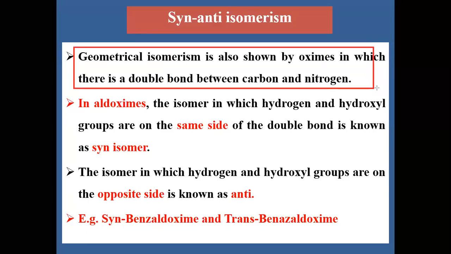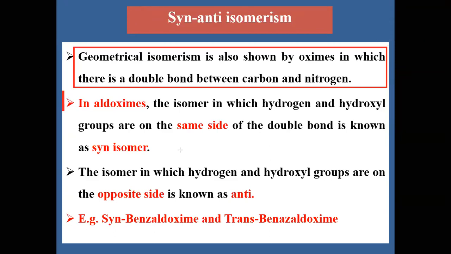Okay, here I'm going to read this. Listen one by one. We go point by point. Geometrical isomerism is shown by oximes in which there is a double bond between carbon and nitrogen. So, which compound contains a carbon nitrogen double bond? Many examples are there.